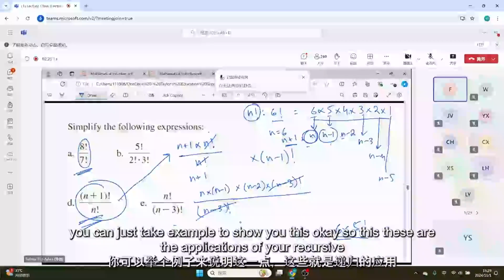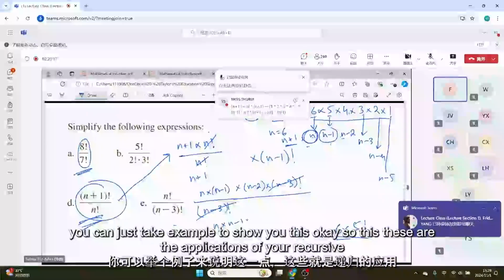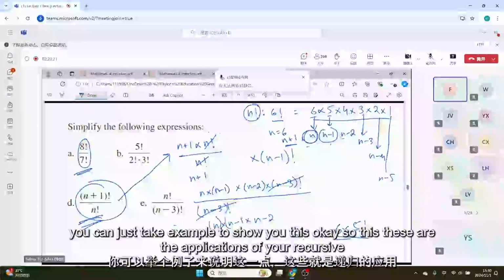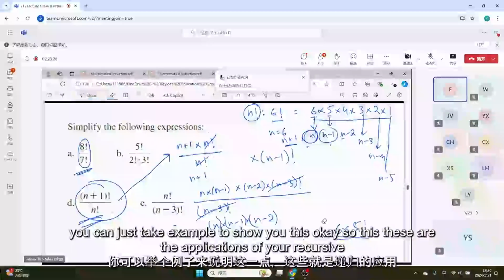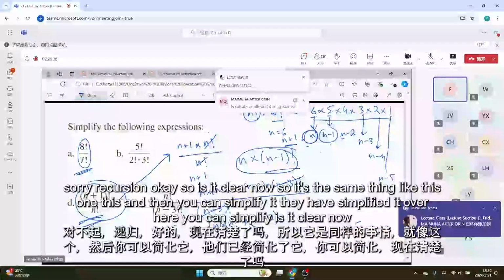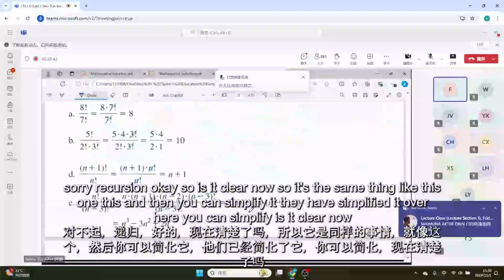This is just an example to show you. So these are the applications of your recursive formula for recursion. Okay. So is it clear now?